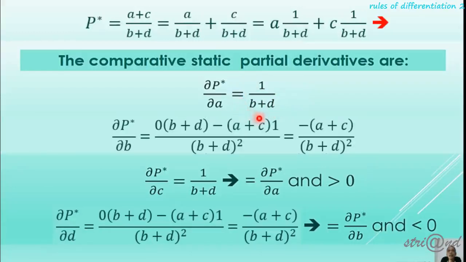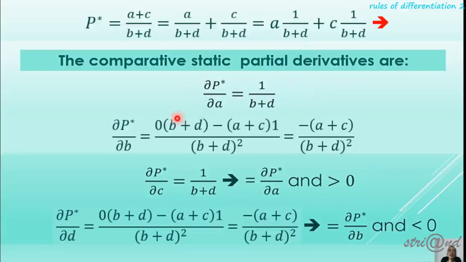It can be directly found from the derivative of this version of P star, because we have c times 1 over b plus d. There is no a here, so we can consider this a constant, and the derivative of a constant is 0, so we can ignore this. And then we have a times 1 over b plus d, and the derivative is 1 over b plus d here.